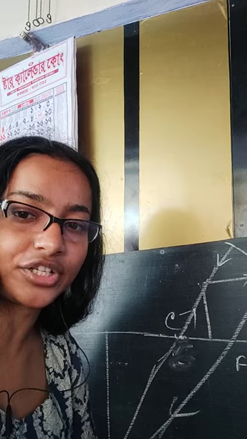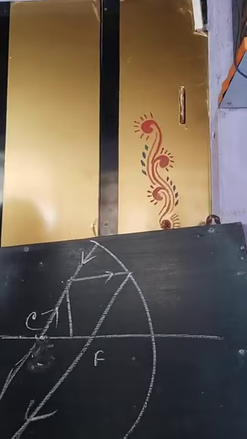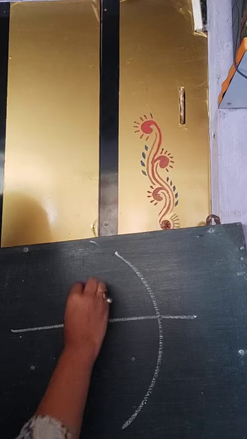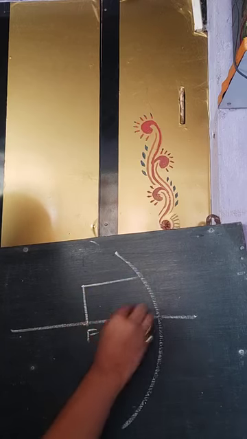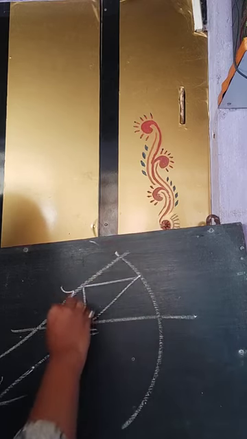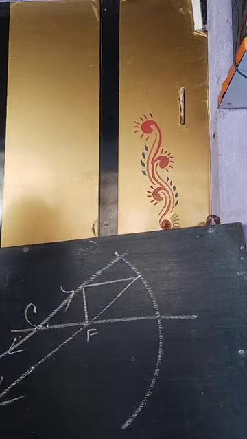Next, coming to the condition that the object is placed at the focus. Suppose the object is at the focus, and suppose this is the center of curvature. Where it meets we don't know.